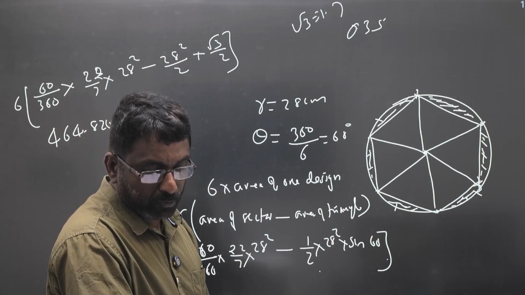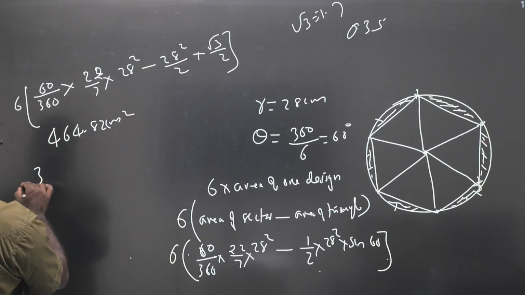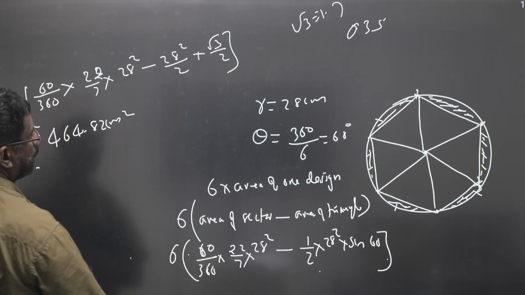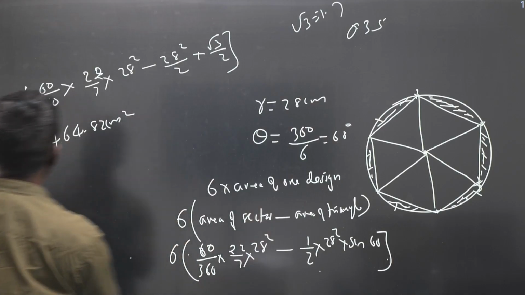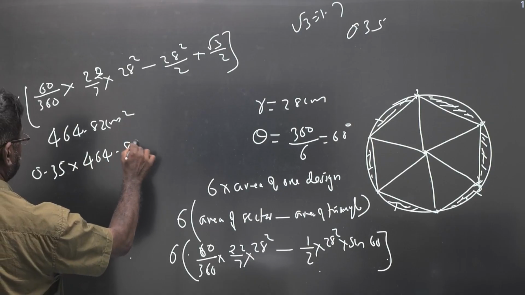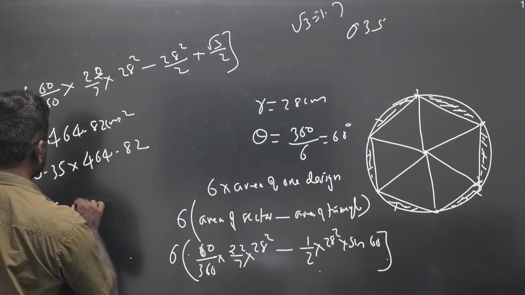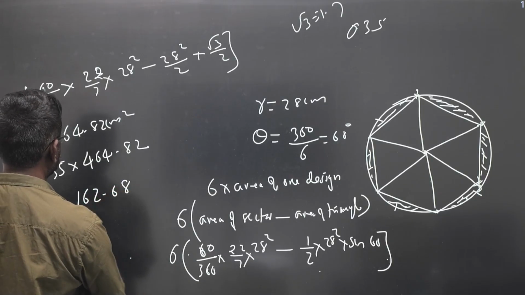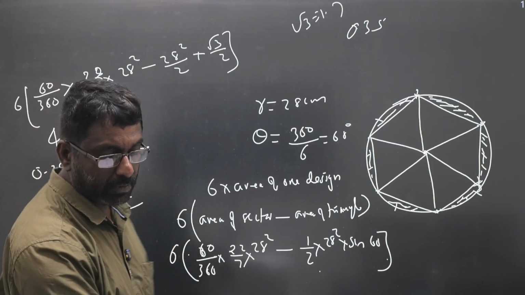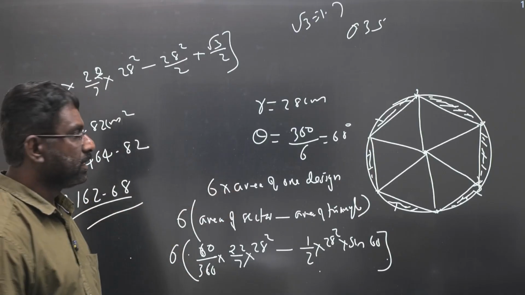Then cost of making the designs at the rate of 0.35. Total cost is equal to 0.35 into 464.82. This gives the total cost, that is 162.68 rupees. This is the total cost. It is an application level question.